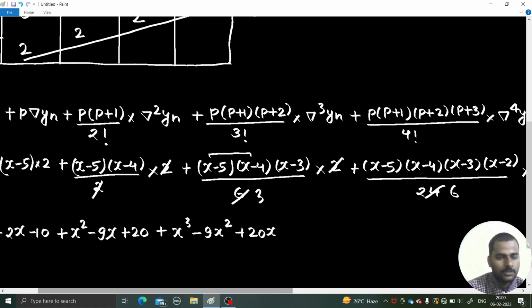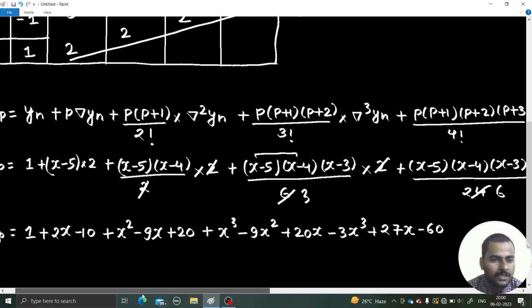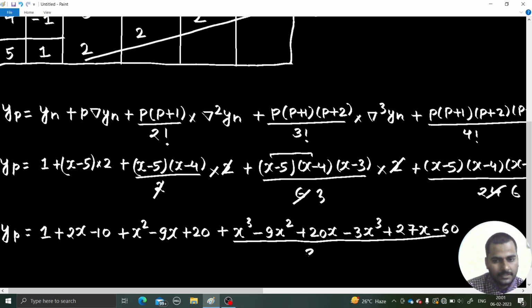So minus 3x cube plus 27x minus 60. And this comes up with a division by 3.